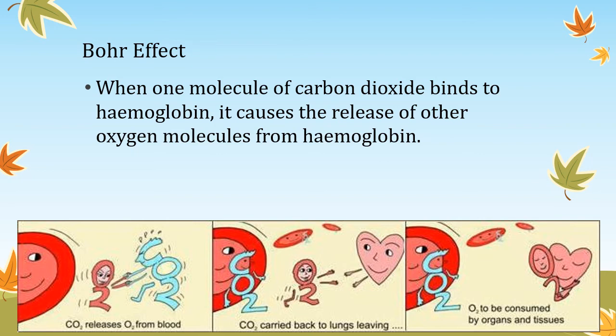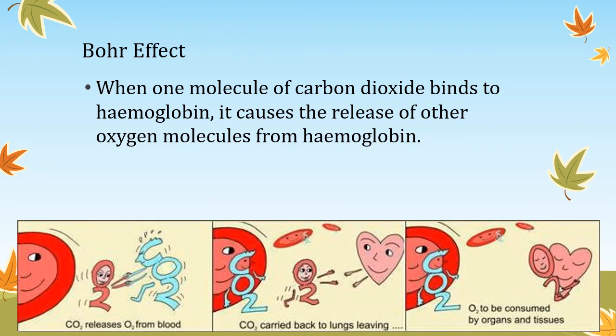So in a situation where there is a need for oxygen, for example in tissues where there's a lot of activity, I mean when you're doing exercise, oxygen is being consumed at a faster rate, and more carbon dioxide is being released.